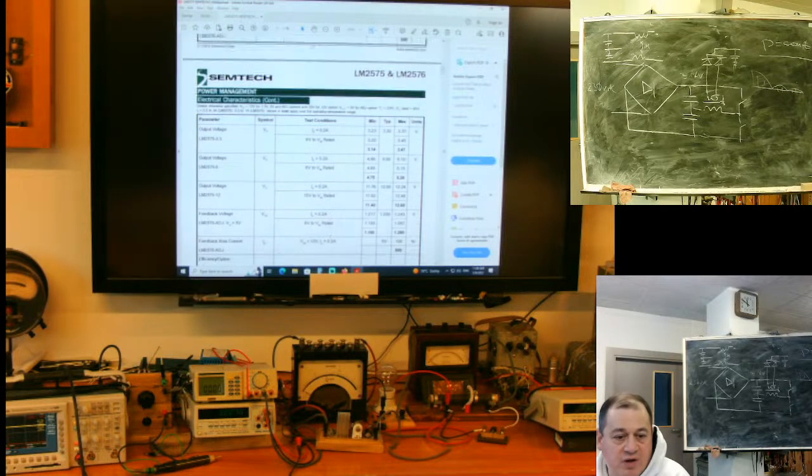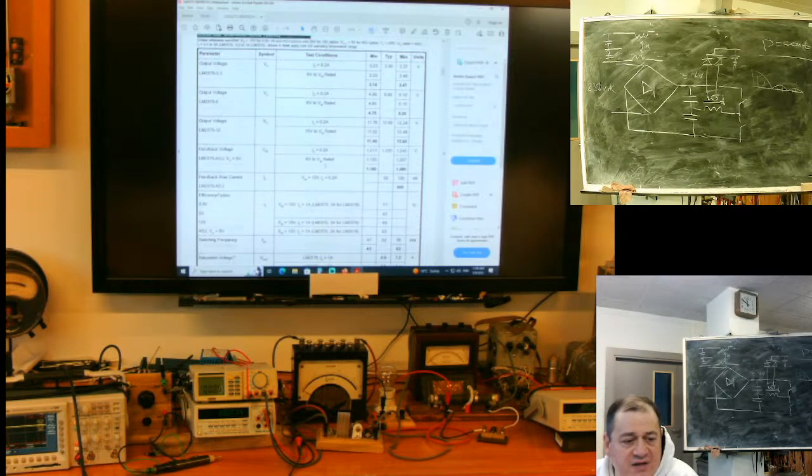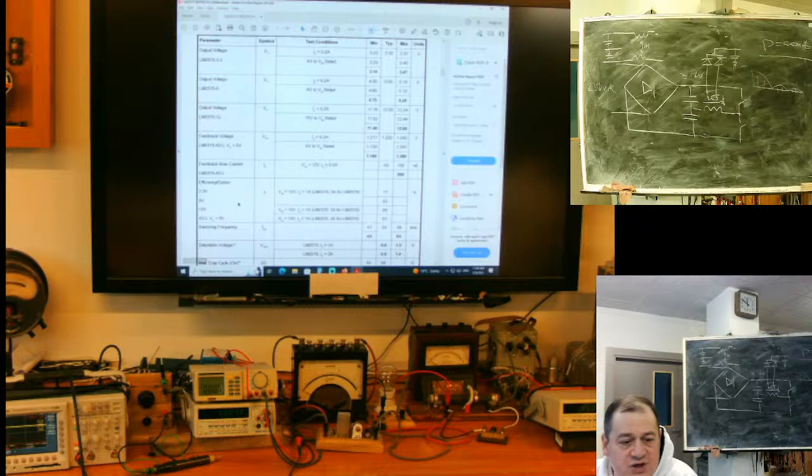Simple. Effective. Key moment: where is the effectiveness? Efficiency. Take a look, typical. For 3 volts, 77%, for 5 volts, 85%, for adjustable, converting from 15 to 12, it will reach 88% efficiency. Not bad.